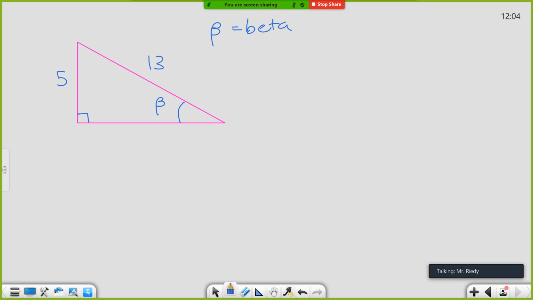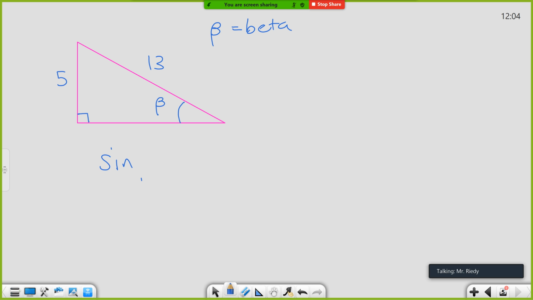Okay, so the process is the same. You set up the equation the same way. Solving it is the only thing that changes. So I'm going to go through the 4 steps again. Is it a right triangle? Yes. What sides do I know? Well, the 5 is the opposite side. The 13 is the hypotenuse. Which function is that? Opposite and hypotenuse would be sine. So then I set up an equation.